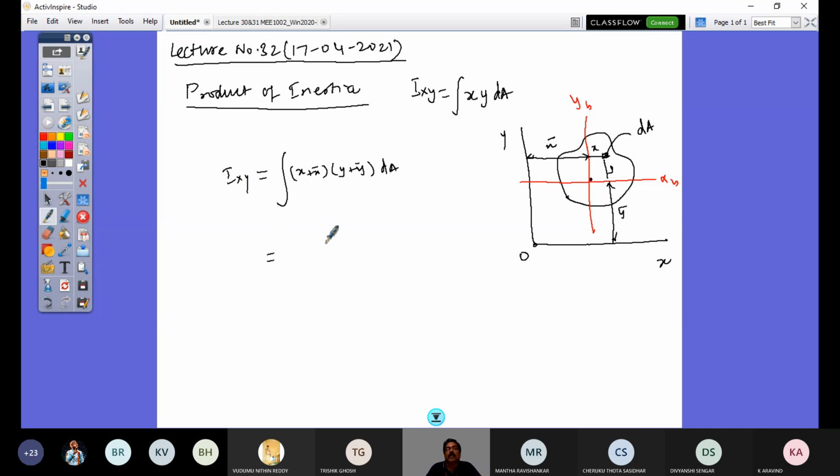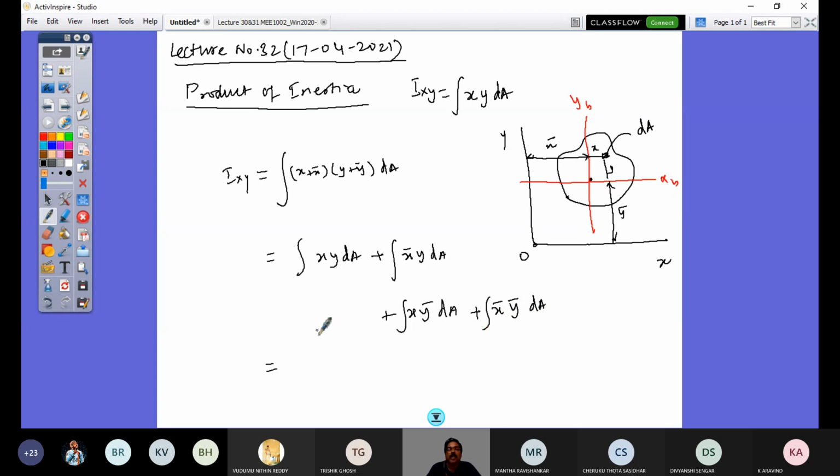So now see, if I multiply this, it is integral xy dA plus integral x bar y dA plus integral x y bar dA plus integral x bar y bar dA, right?